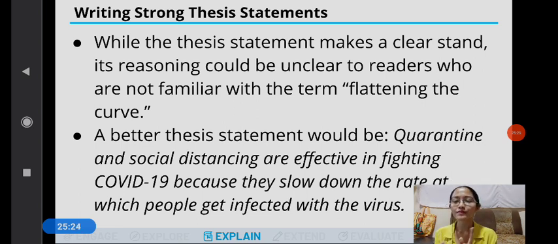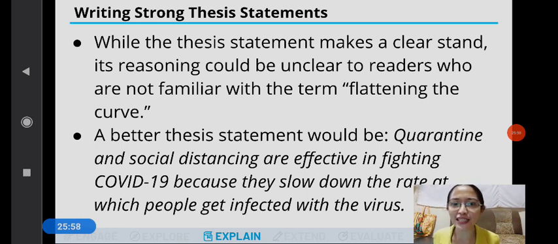Okay, now, a better thesis statement would be: quarantine and social distancing are effective in fighting COVID-19 because they slow down the rate at which people get infected with the virus. Oh, that's very simple. The words used are very common, and we can understand that, no?